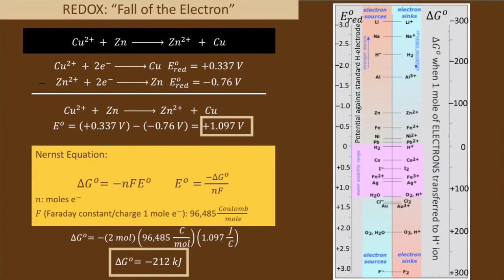So when we plug in our numbers, we find that the delta G naught is negative 212 kilojoules, and that should be spontaneous. Remember, our cell potentials are positive when they're spontaneous, and the delta G naught is negative when it's spontaneous. If we had used our diagram from Dr. Lower and followed the numbers on the sides, we would also get the same results.